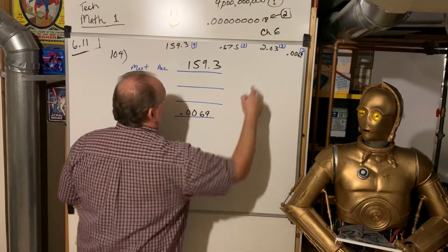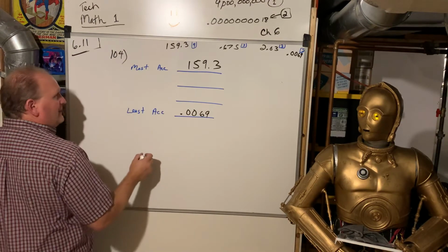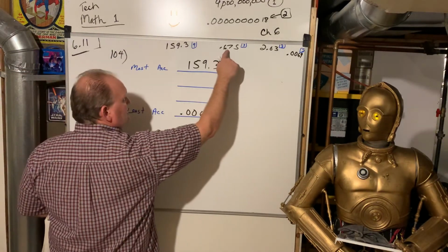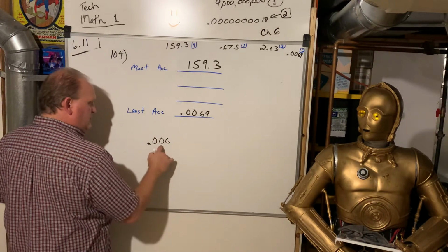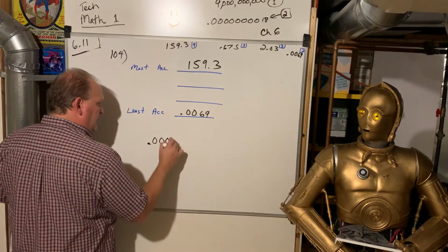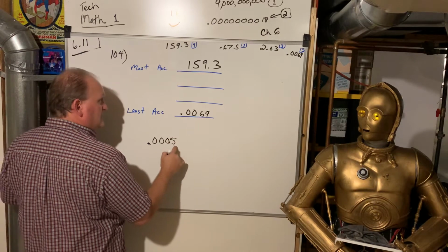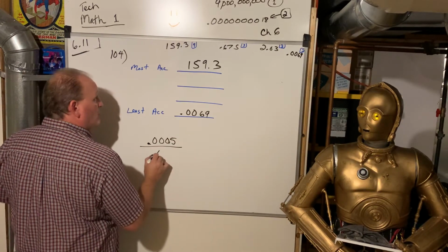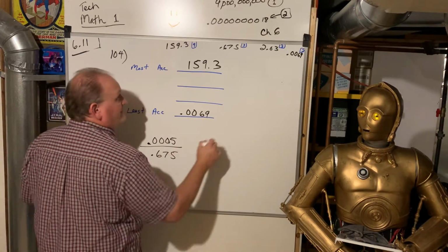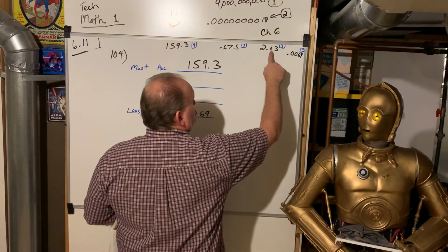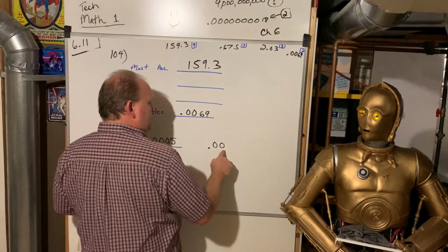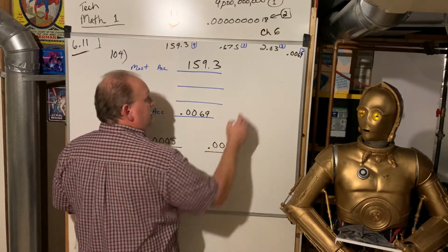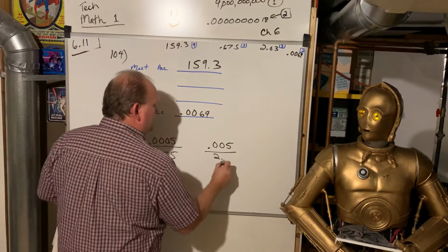Both of those have 3, so that presents a problem. So what we're going to do, tenths, hundredths, thousandths, we're going to go 0.000, add the 5 after it in the 10,000ths place, divide that by 0.675, and for the other one, tenths, hundredths, and then add a 5, and divide that by 2.03.